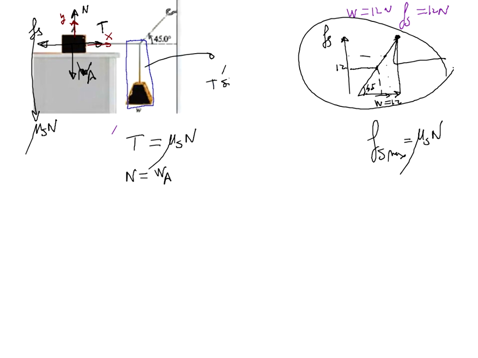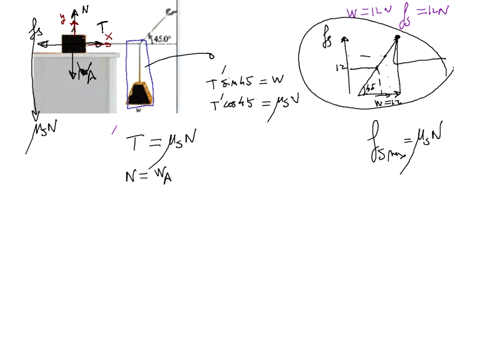T prime sine 45 was equal to W, and T prime cosine 45 was equal to mu S N, which was our T. So, same equations, exactly the same equations, except our Fs can now be rewritten as mu S N.